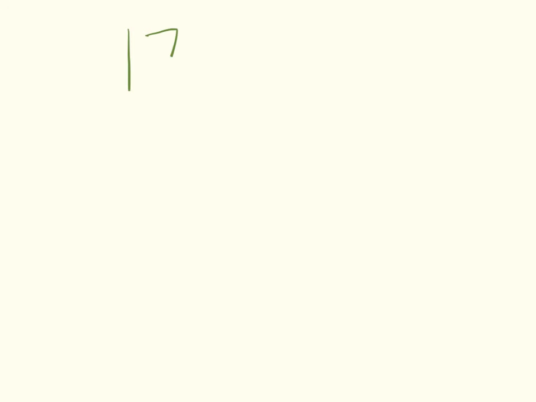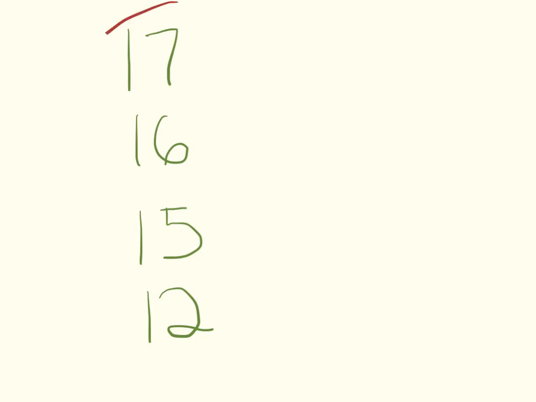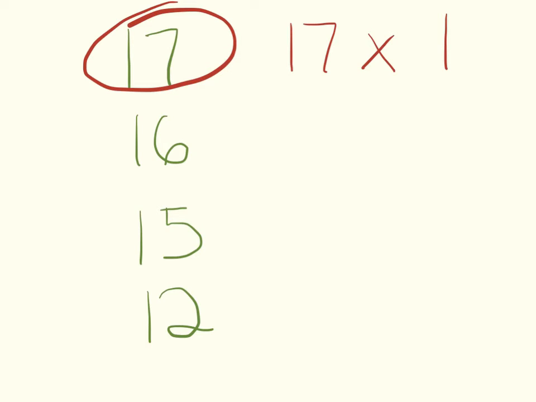So let's have a look at a list of numbers here. Which of these numbers are prime numbers? Which of these numbers only has the factors of itself and 1? The answer to this question is 17, because it doesn't have any other factors except 17 times 1.